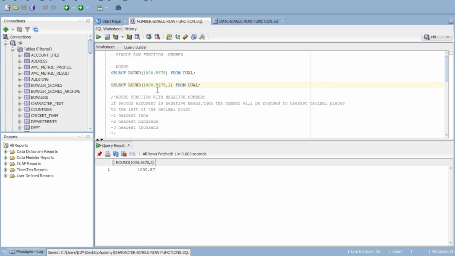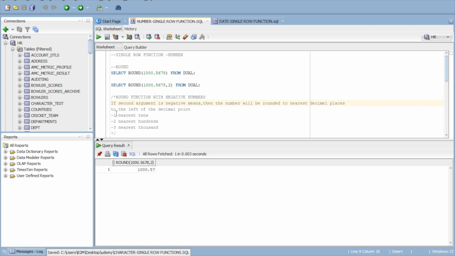Next, the round function with negative numbers. So far we used only positive numbers, right? Now we're going to see negative numbers. If the second argument is negative, then the number will be rounded to the nearest places to the left of the decimal point. This is the first argument and this one is the second argument.